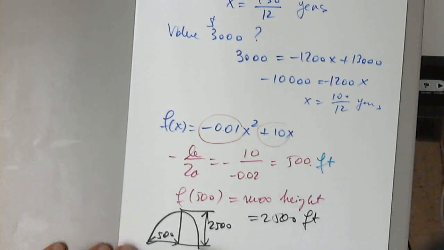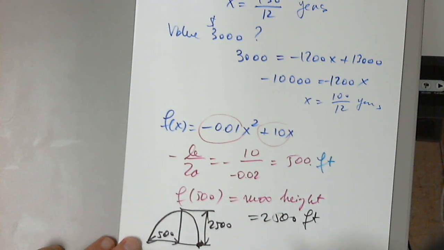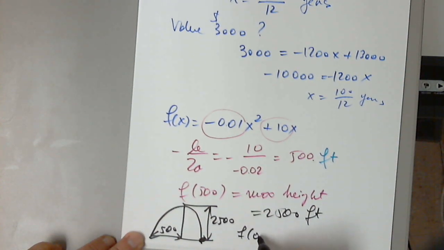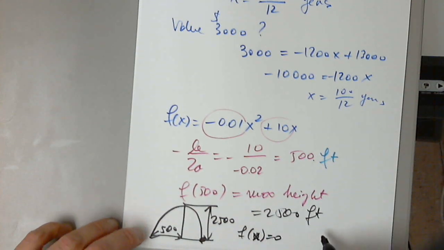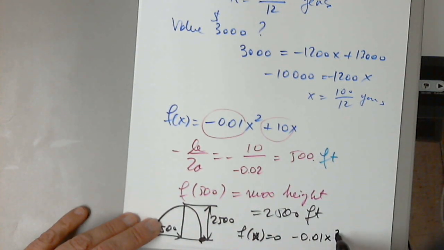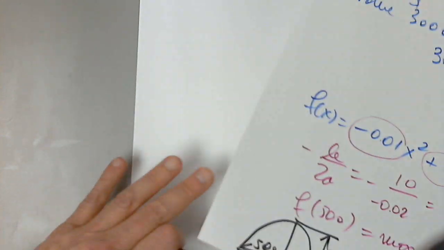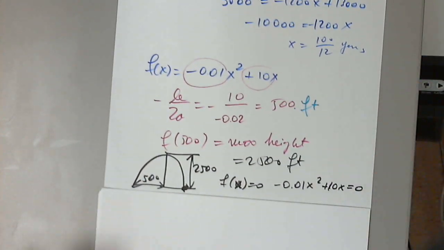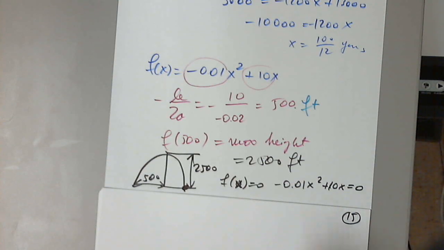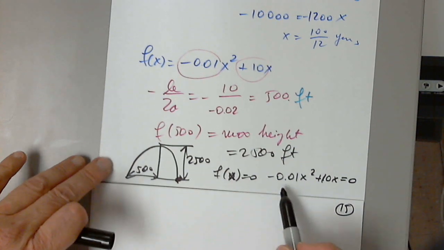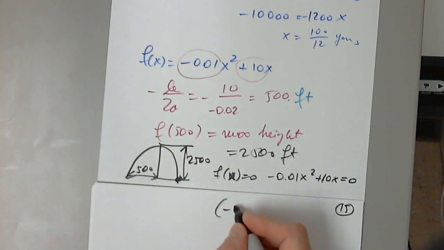And if I want to determine how far it reaches or hits the ground, then I have to find f of x equals 0. Negative 0.01 x squared plus 10x equals 0. Again, you will develop your own style, but I refuse to solve a quadratic equation with a negative leading coefficient, so I will multiply by negative 100.